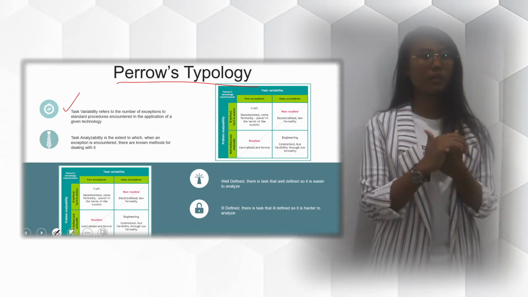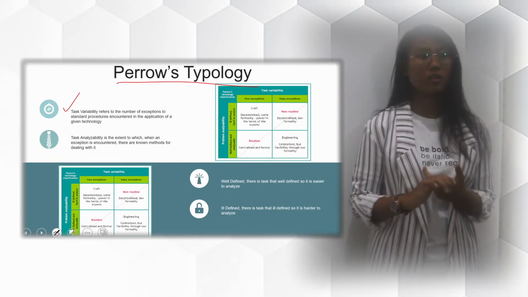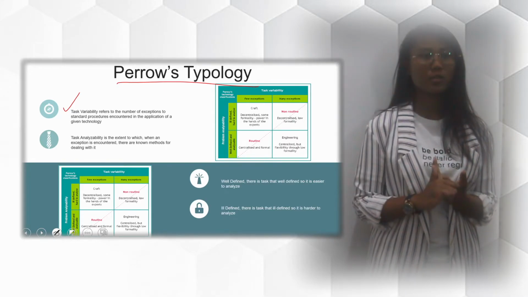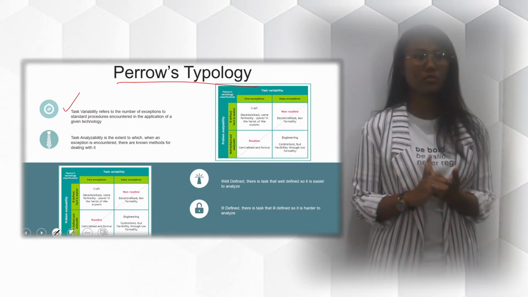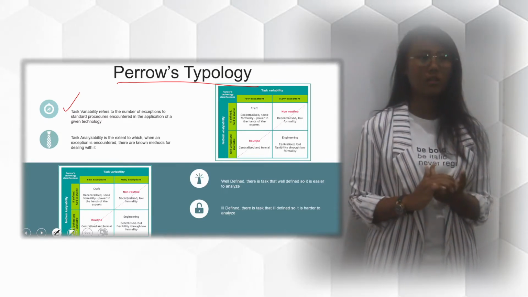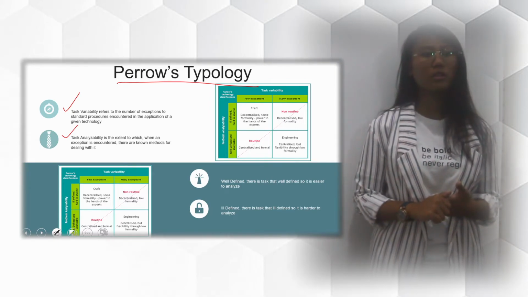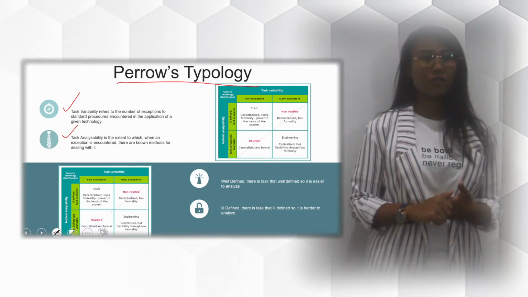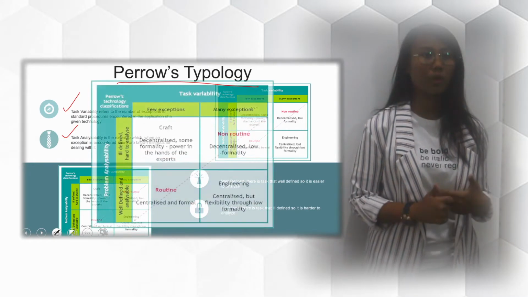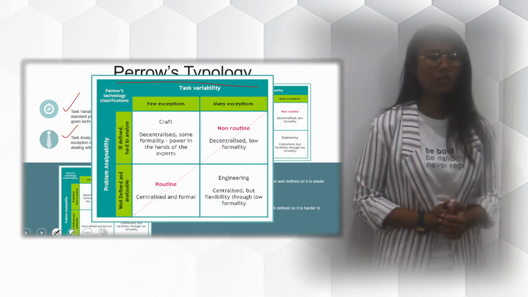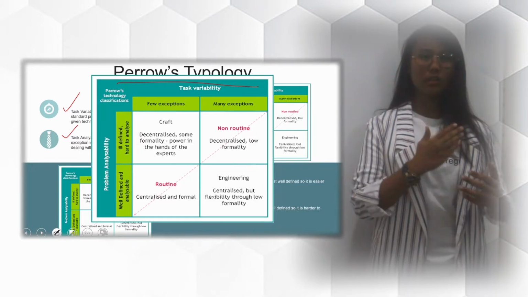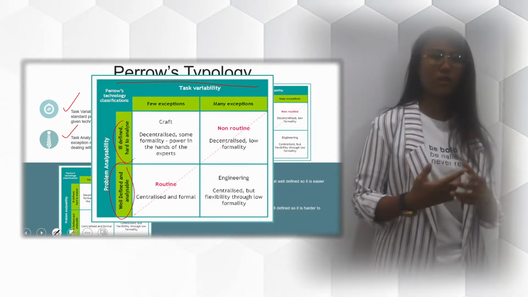There is task variability, which refers to the number of exceptions that a worker encounters in his workday, and task analyzability, which refers to the degree to which search activity is required to solve a problem. The subordinates in task analyzability are ill-defined and well-defined.